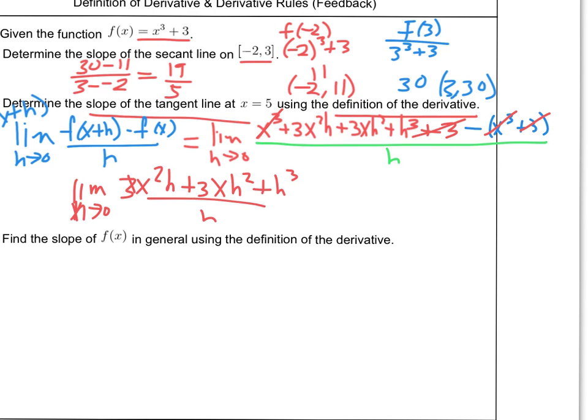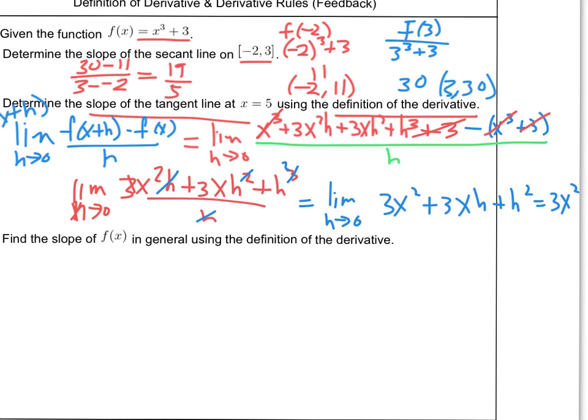I can cancel an h out of all three of these, and I end up getting the limit as h approaches 0 of 3x squared plus 3xh plus h squared, which is going to be 3x squared.